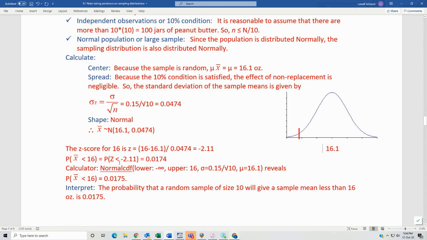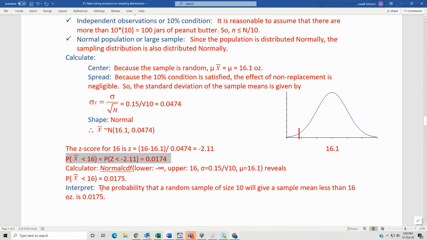When I hit execute, it tells me that the probability of getting an X bar less than 16 is equal to the probability of getting a random Z less than minus 2.11. And my calculator tells me that that probability is 0.0174, a small number, less than 2% of the time.